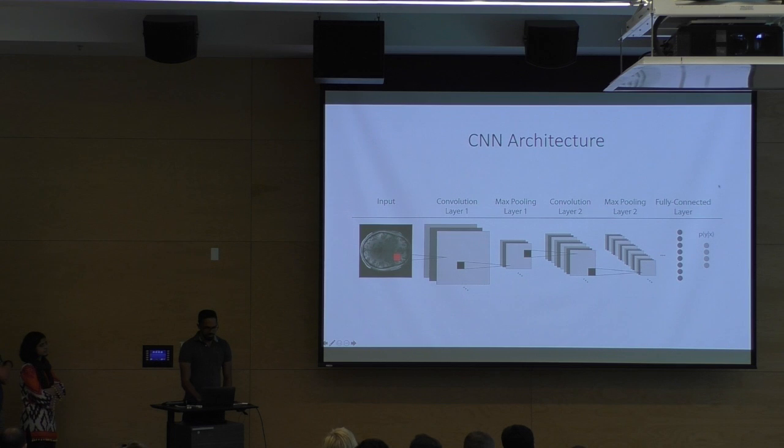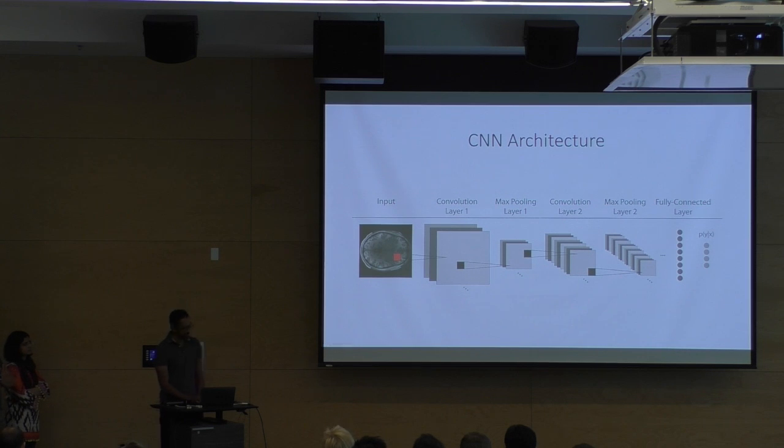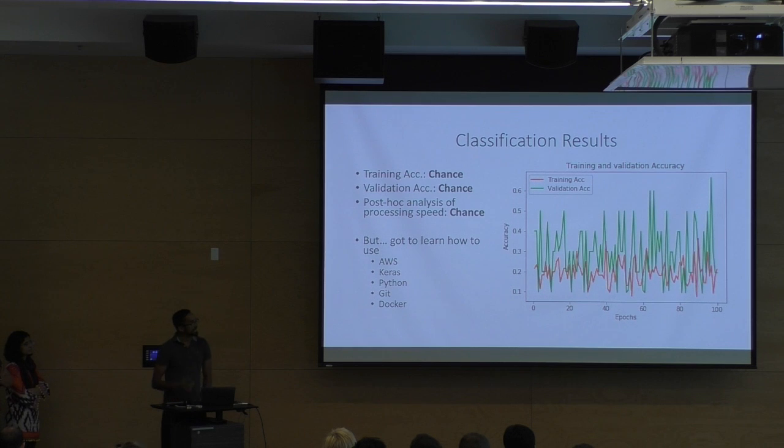So we built a very simple CNN architecture that looked at various patches of this axial slice and went through a series of simple convolutional and max pooling layers that resulted in classification of these subjects into one of these various age buckets. But unfortunately, as you might guess, this really didn't do well.